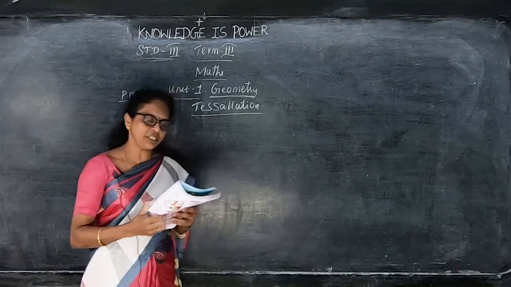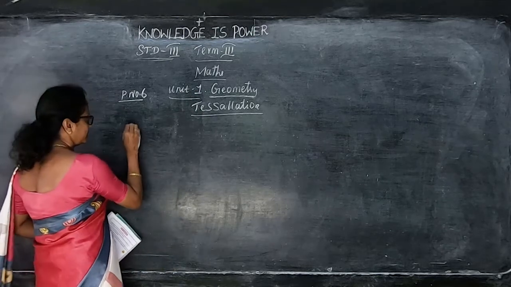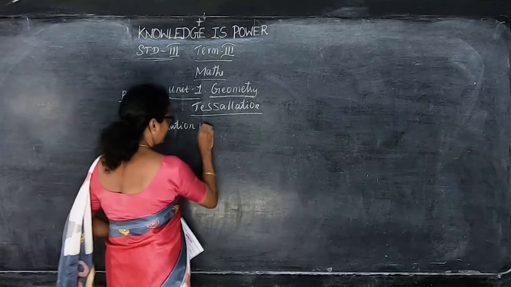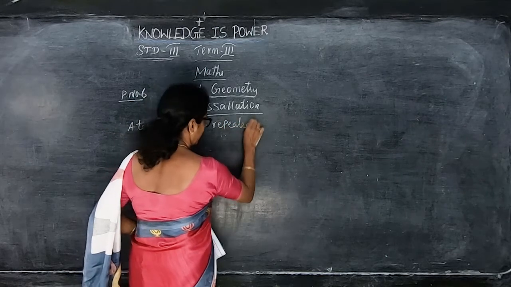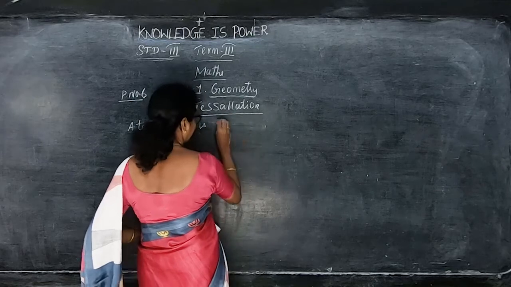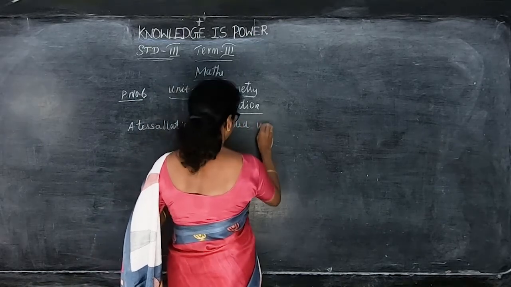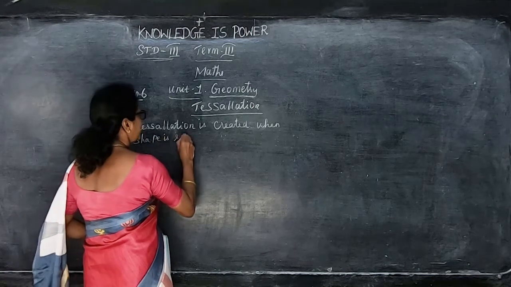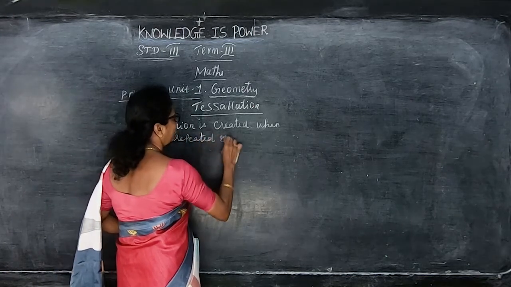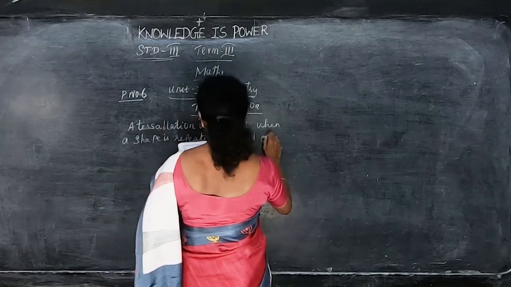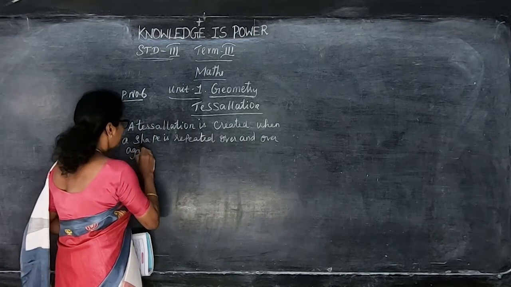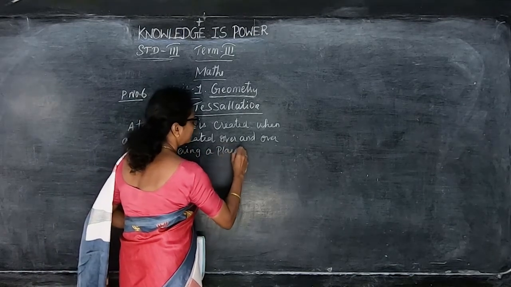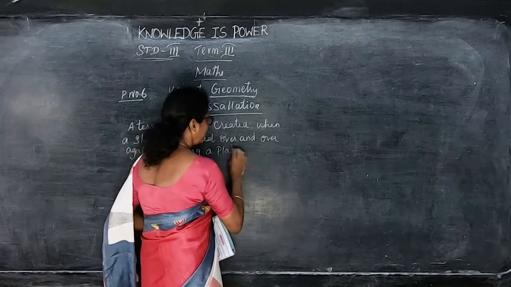Tessellation is created when a shape is repeated over and over again, covering a plane without any gaps.